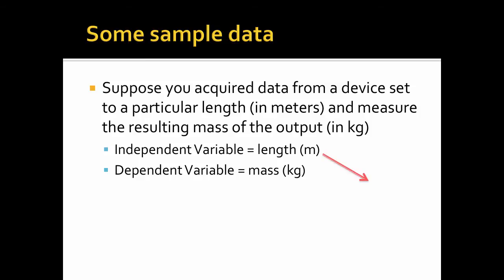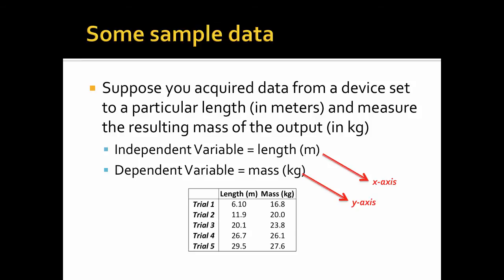Because we control that, it's independent of any other variable, and it's the x-axis, the horizontal axis. The other variable, the mass, we measure after we've cut this to a particular length. Therefore, it depends on the length we choose, and it will become our y-axis and is our dependent variable.